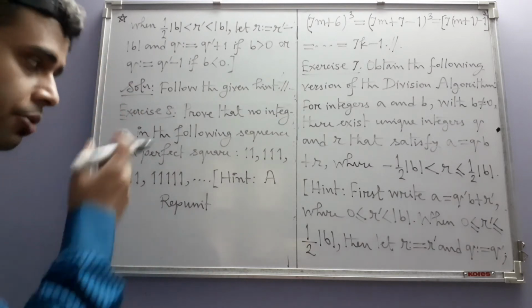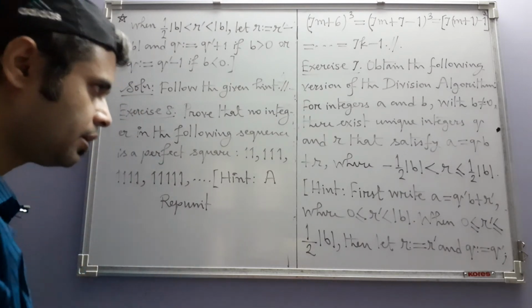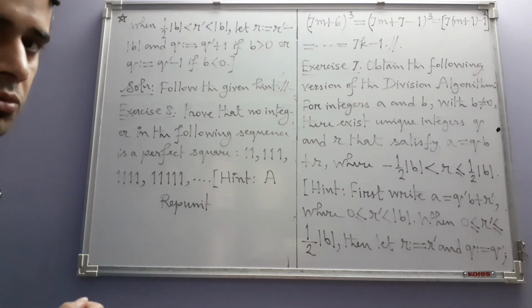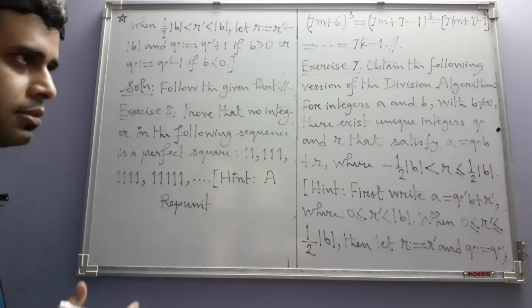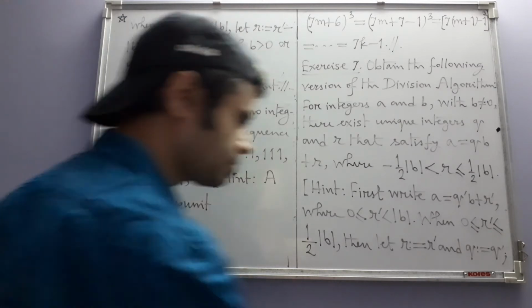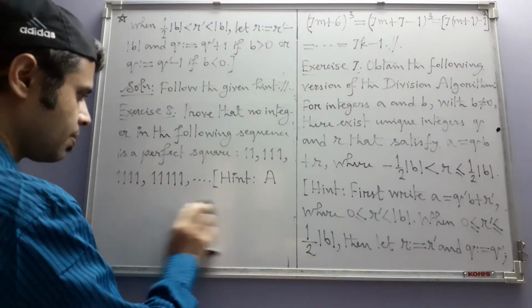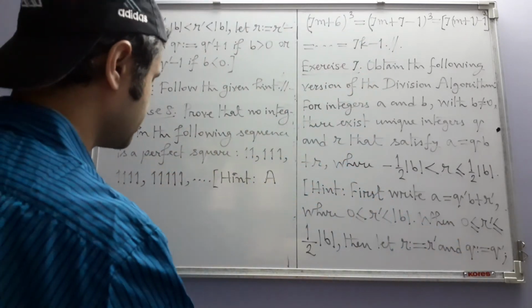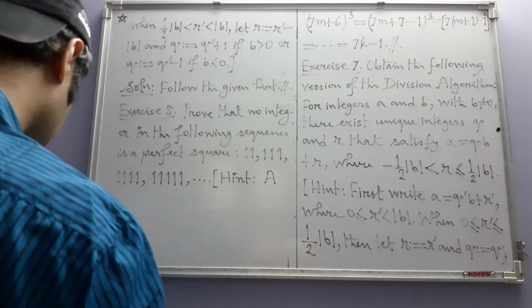It's still not known whether there are infinitely many repunits that are primes or only finitely many of them. So that is still an unsolved problem. Anyway, this type of numbers can never be a perfect square, and the hint is this.